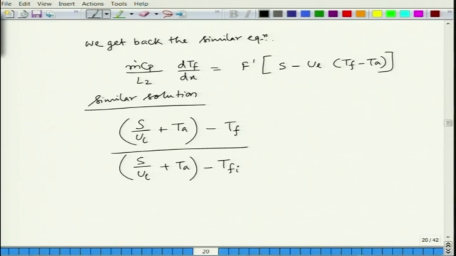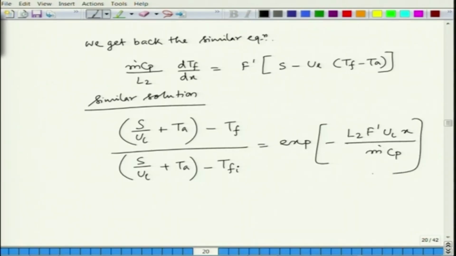So, TFI is the inlet temperature of the air, and we can write minus L2 F prime UL x over m dot Cp, right.